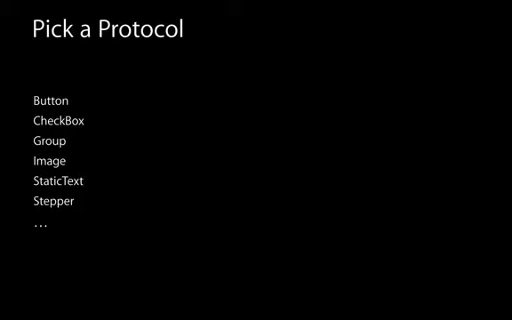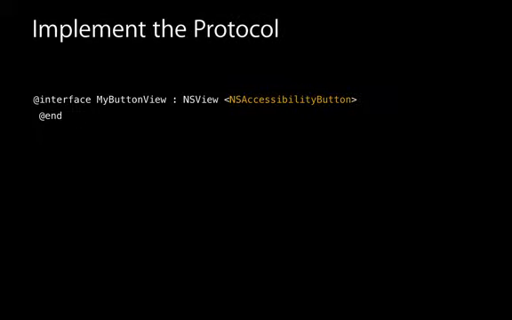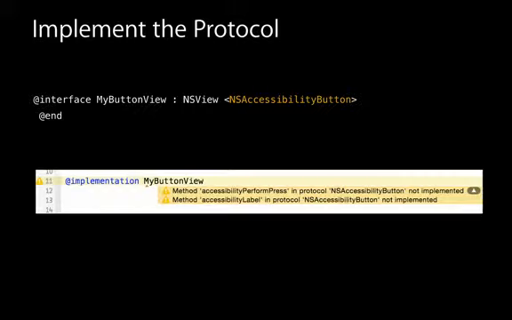It looks and behaves like a button, so we're going to pick the button protocol. So in your interface file, simply say, I adhere to the NS accessibility button. So now you add that, you compile. The good thing is now Xcode compiler will give you some warning and tell you what you need to implement. So in this case, you have to implement the accessibility perform press and accessibility label methods.